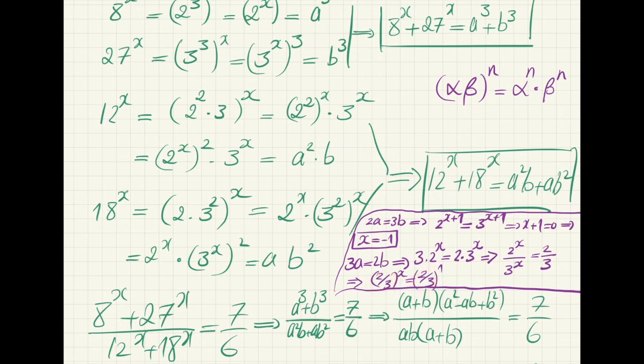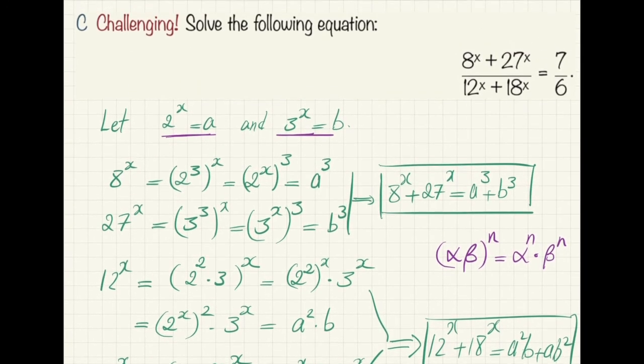So it means that this can happen if and only if the powers, the exponents, are equal. So it means that x is equal to 1. And then you see that there are two answers. Either x is equal to -1 or x is equal to 1 are the possible answers for this problem, for this equation. Yes.